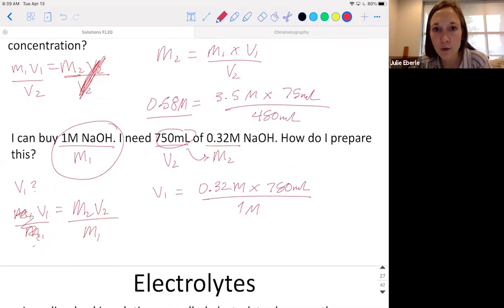So what volume of the concentrated 1 molar sodium hydroxide do we need? Is it 240 or 250? I got two different numbers in the chat. 0.32 times 750. Double check. 240. Okay, so 240 milliliters.